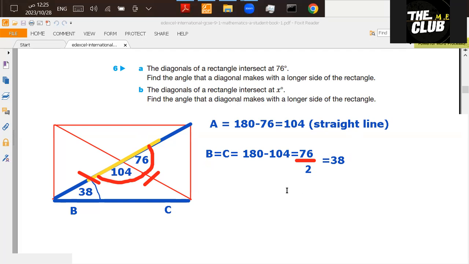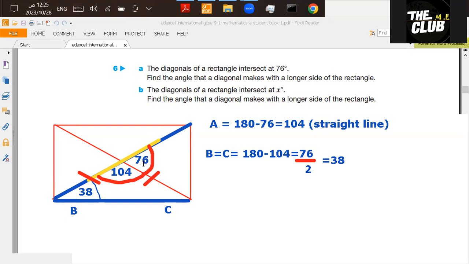Same idea. It means this one is X, which is 76, okay? And then because X equals 76, you can say that this one is parallel to this one, and this is the intersector or bisector.